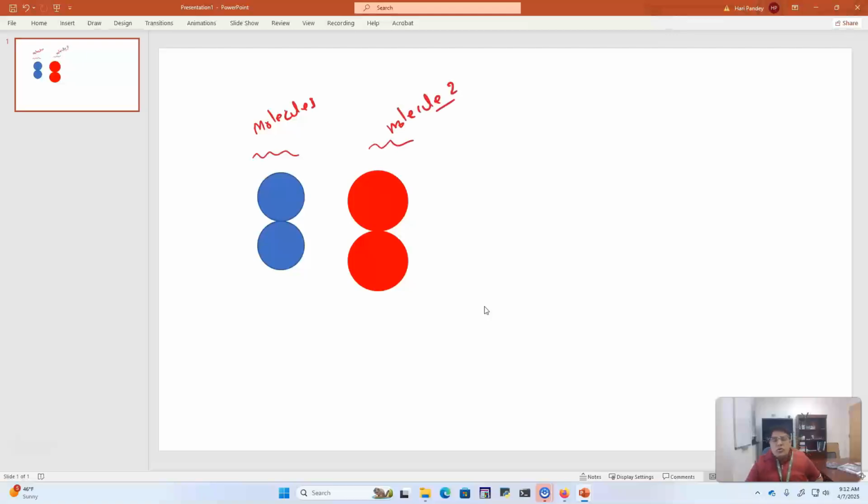Intermolecular forces means the force between this blue molecule and this red molecule. Bond length: its center is here and its center is here.